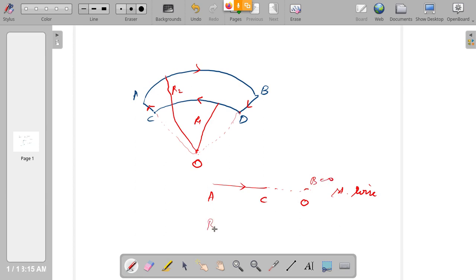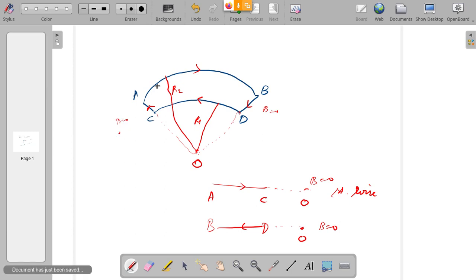Similarly for BD, along the axis through O, B is again 0. So the magnetic field due to BD is 0 at O, and similarly due to AC is 0 at O.